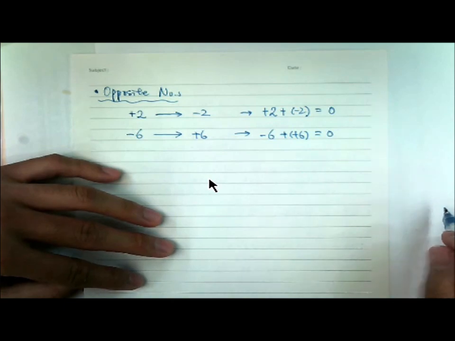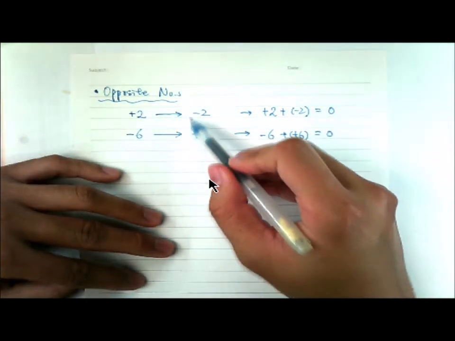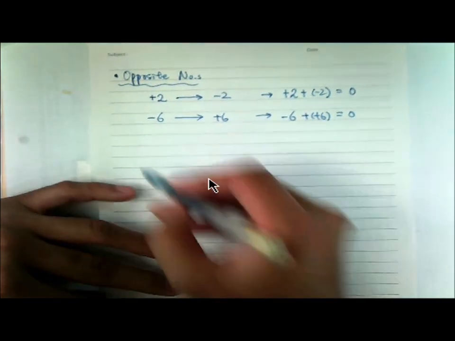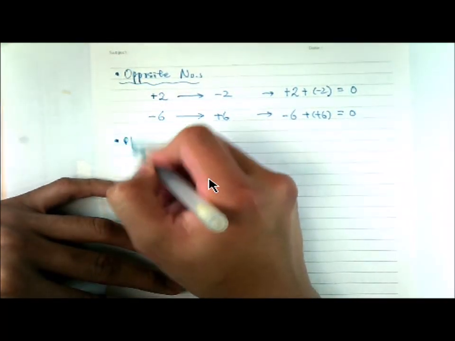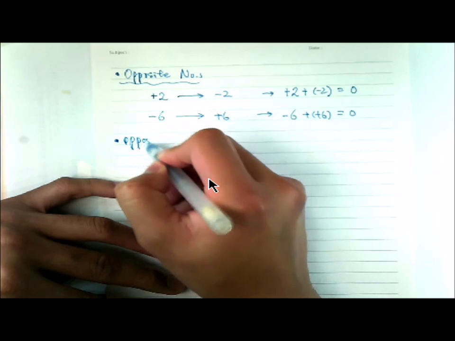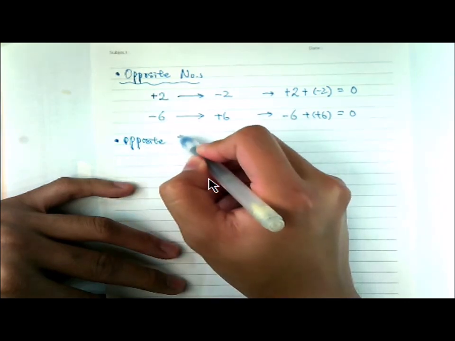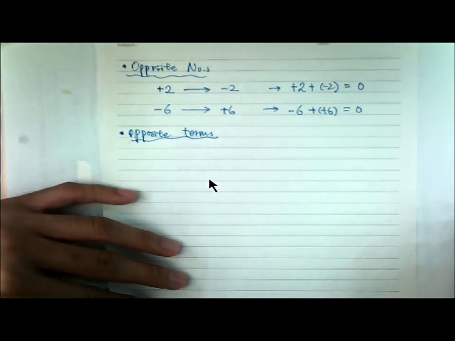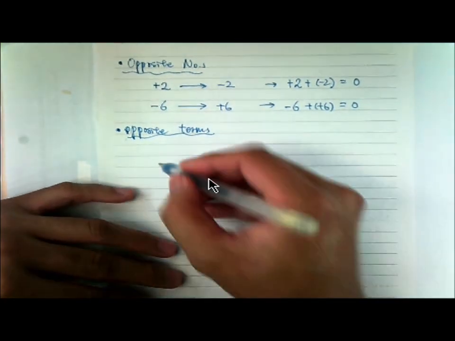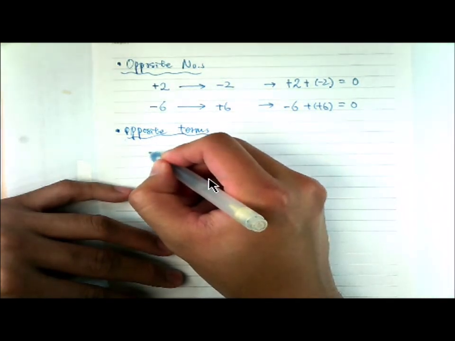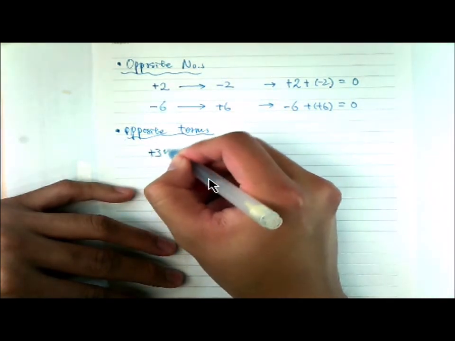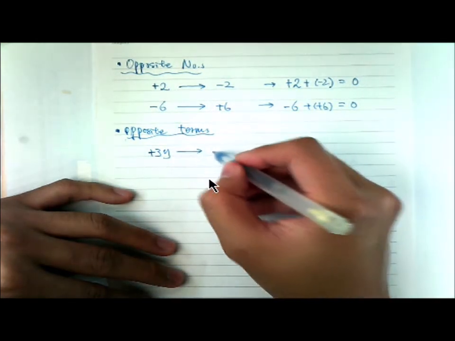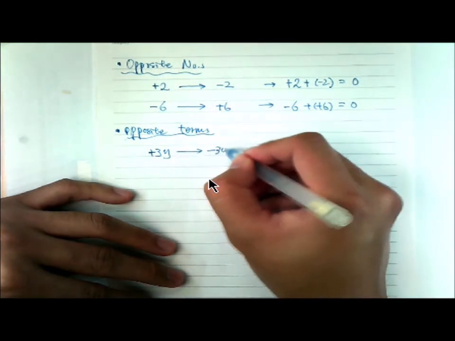So these are the so-called opposite numbers, and if we extend them a little bit, they become opposite terms. For example, if we have positive 3y, its opposite term is just minus 3y.